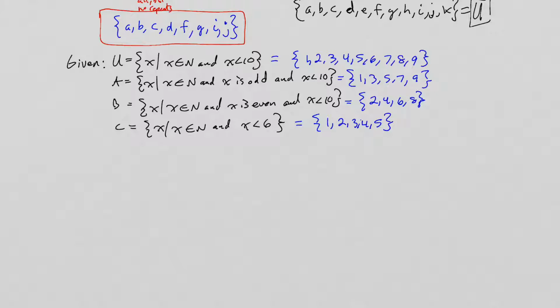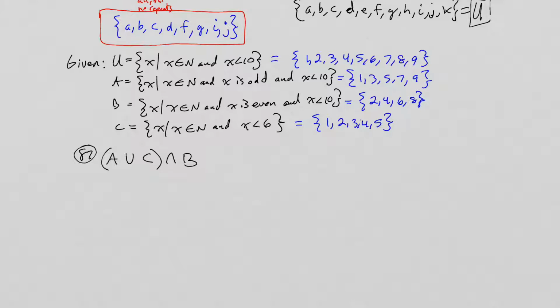All right. So the question is, in number 87, determine the following: A union C intersection B. All right.